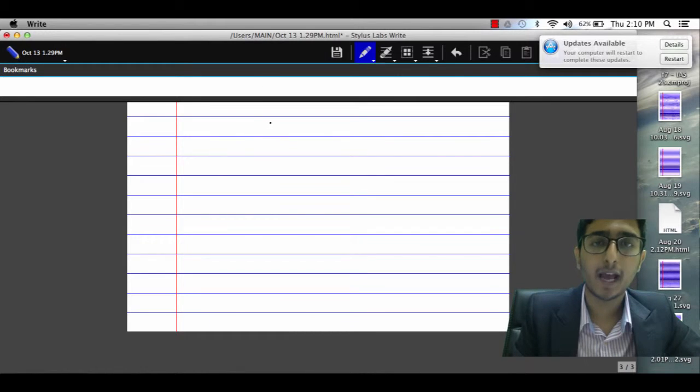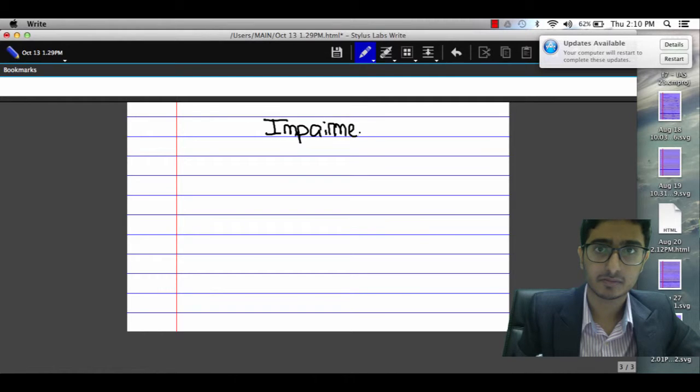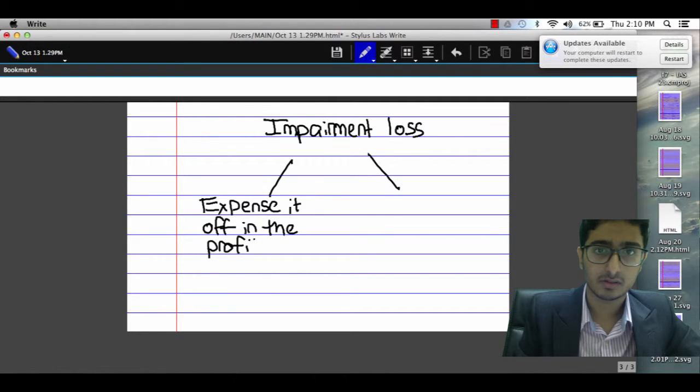Now, what do we actually do with impairment loss? We will do two things. First, we will expense it off in the profit and loss. And we will deduct it from the carrying value of the asset.